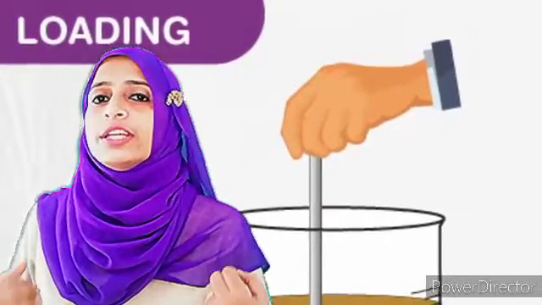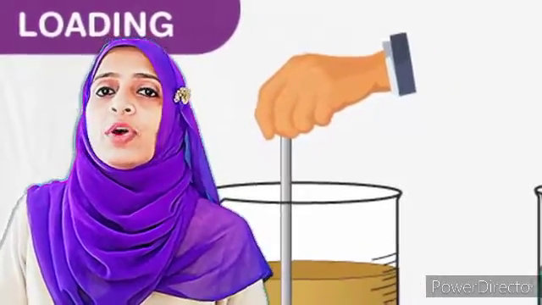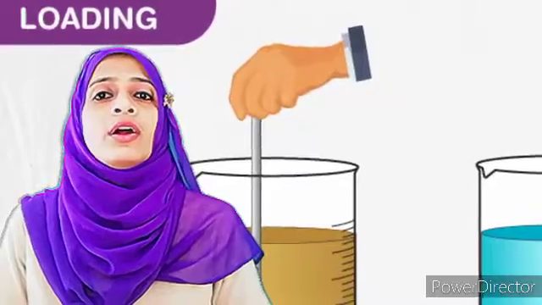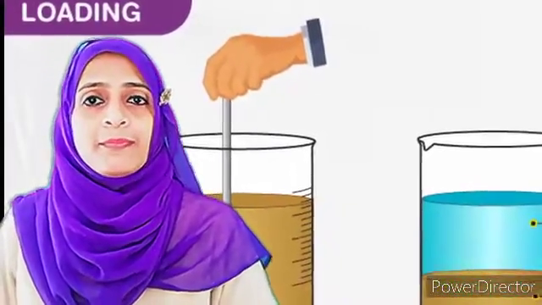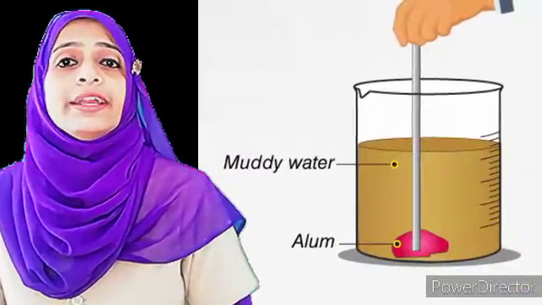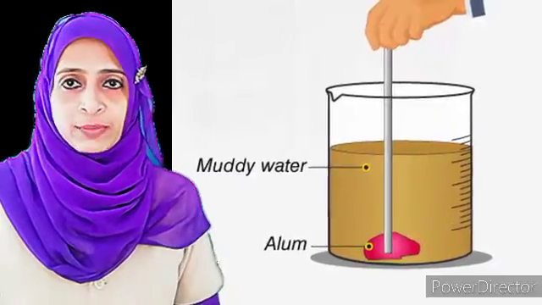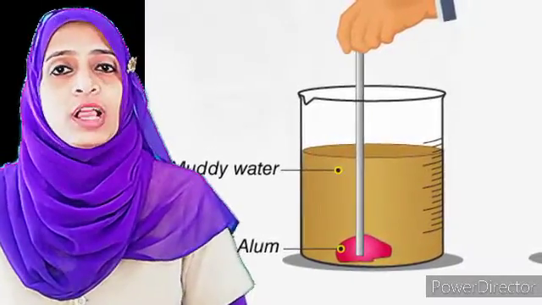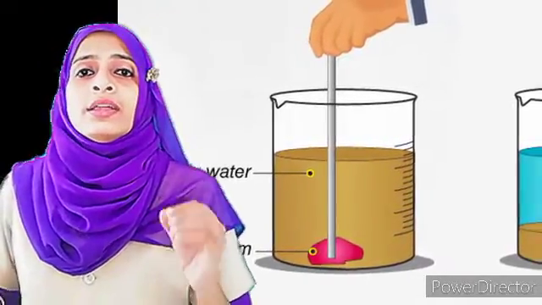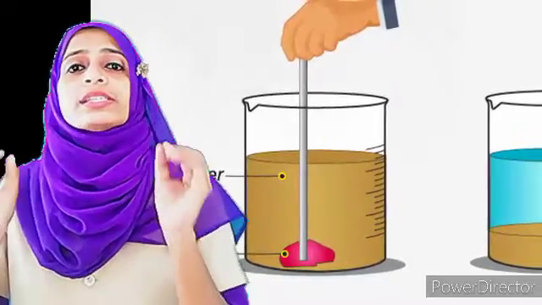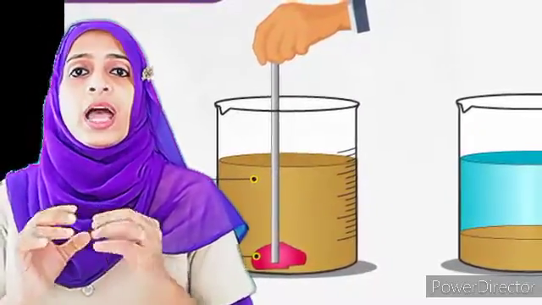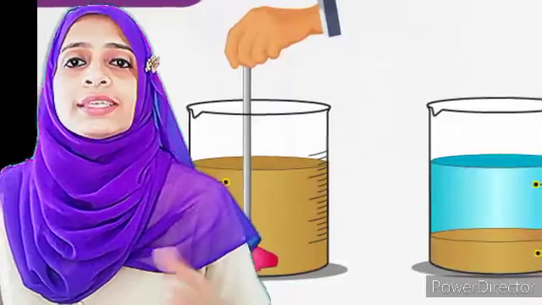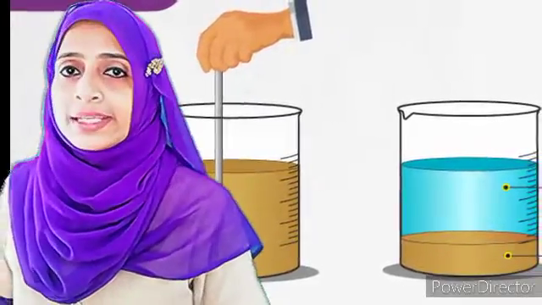For this, we need to add a chemical substance called alum. Alum is added to this liquid mixture and mixed well so that the small particles come closer to each other and become large in size and settle down easily.